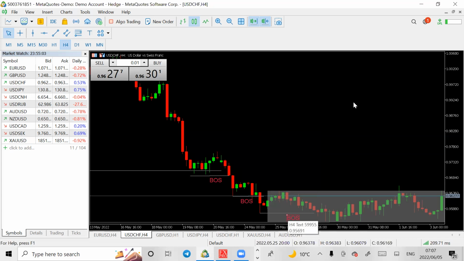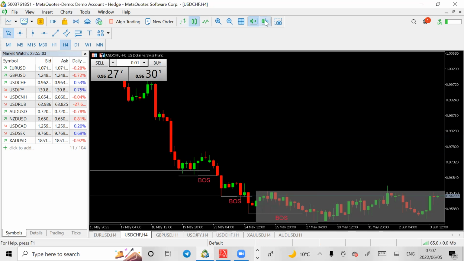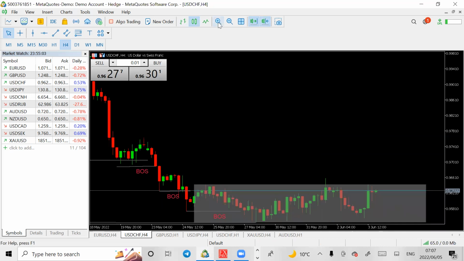So what we have currently on 4 hour, which phase of the market are we seeing? According to what you see, which market phase do you see? According to 4 hour, it's on a resistance right now.